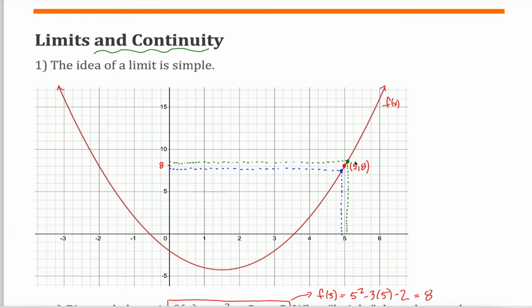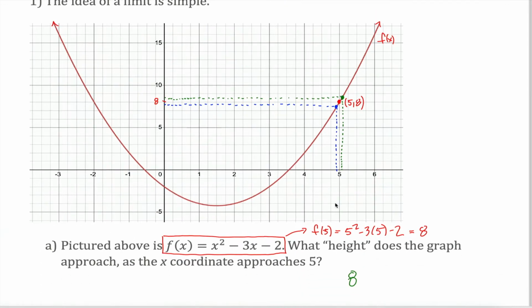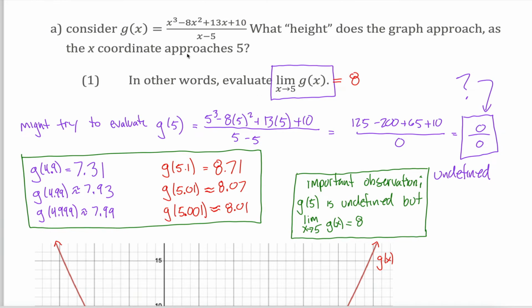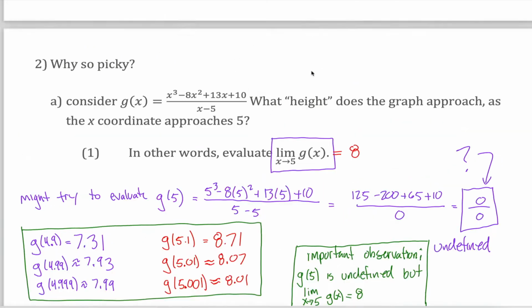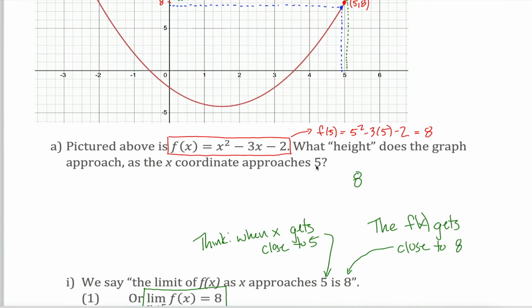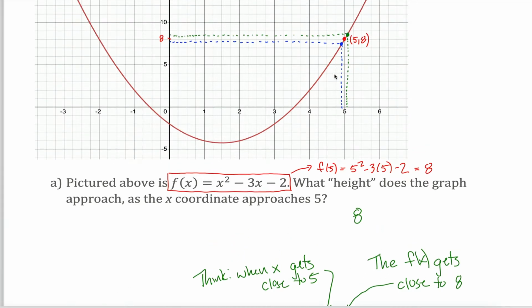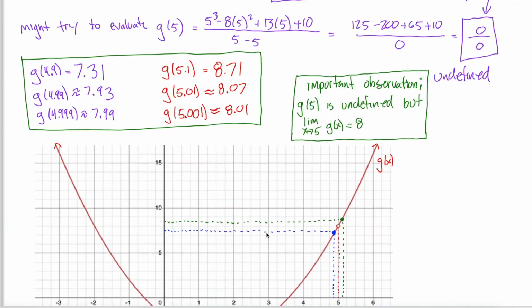So we can take advantage of the continuity at this point 5 to evaluate the limit by just putting 5 into the function. If we can learn how to change graphs like g of x, functions like this one right here, into graphs like f of x, functions like this one right here, we can exploit continuity and evaluate limits really easy without ever looking at points on the left and points on the right of the given x value. You're like, all right, cool. How do I do that?